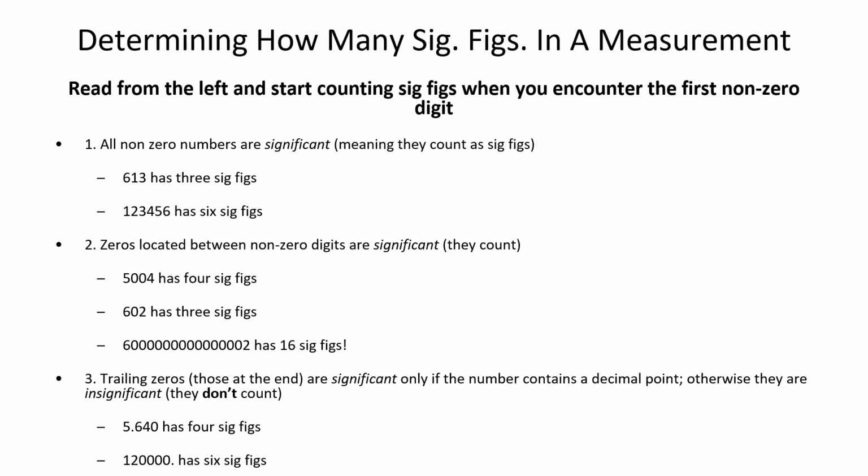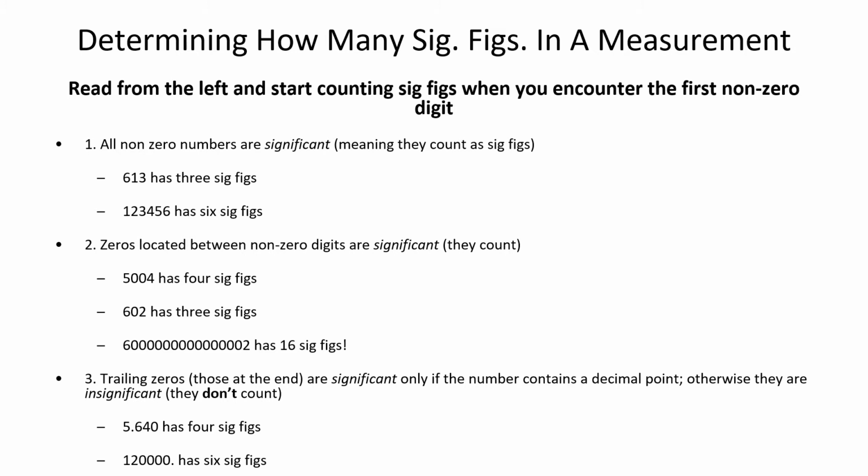Zeros located between these non-zero digits are also significant, and they all count. 5004 has 4 significant figures, so those zeros in between are significant because they indicate the whole number. 602 has 3 significant figures, and this huge number, 6 with a bunch of zeros, the 2 at the end, has 16 significant figures.